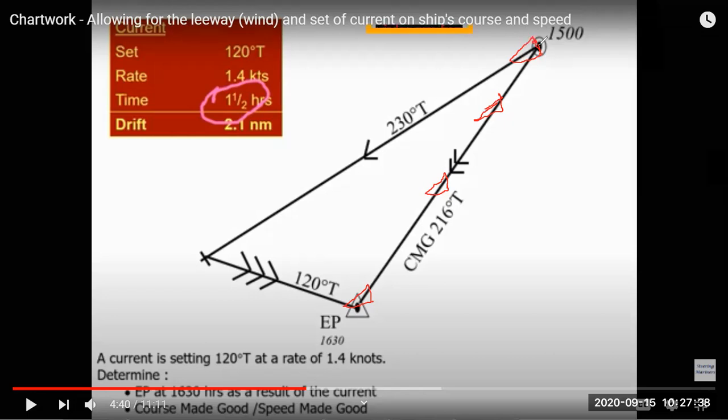Initially you draw this 1500 hours position and you can make cardinal points. So this is north, south, east, west. From here this is 230.